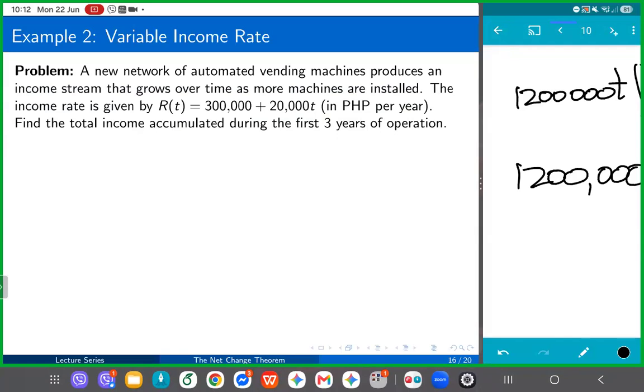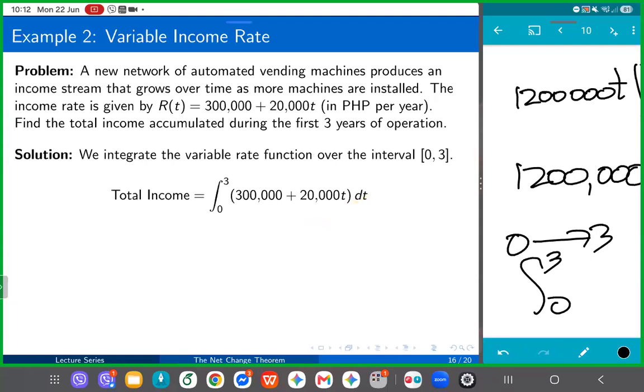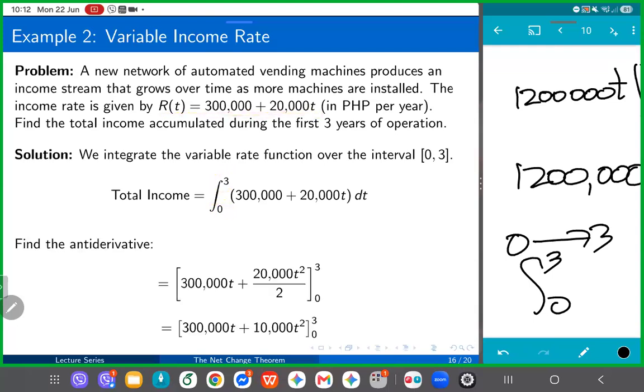Find the total income, that's net income, accumulated during the first 3 years. So 0 to 3. Those will be the limits of your integration. So you integrate the derivative, 0 to 3. You're given the derivative, the rate. And the rest is routine.